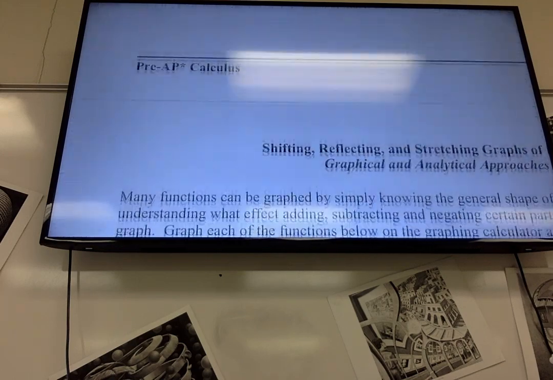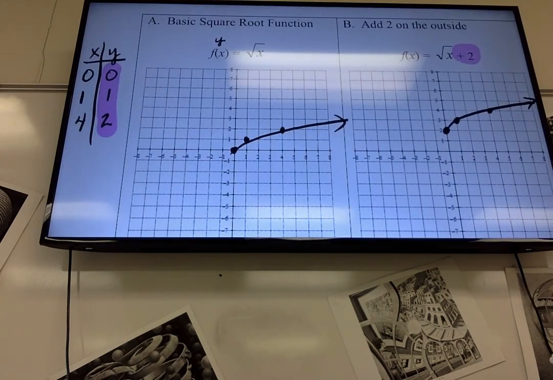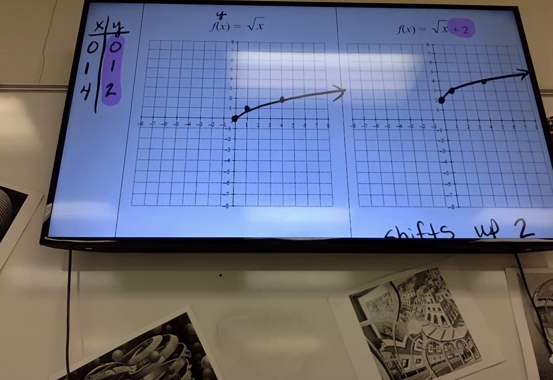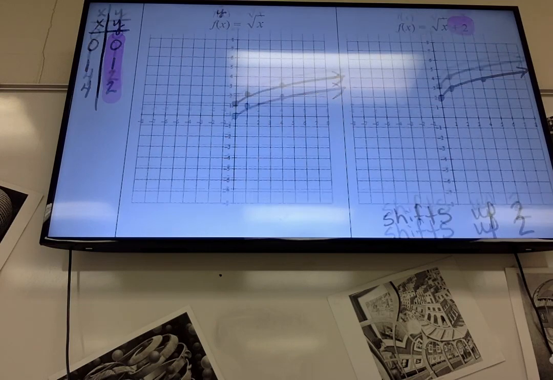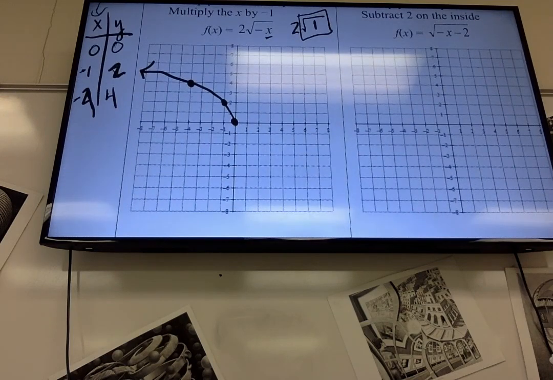Let's look at it. The very first one is pointing this way. Right? So how does this one change? Where is it pointing? Yep, it's pointing the opposite direction. Good. And then look at how close it is to the x-axis or far away. And now look at this one. So it's kind of spread it out a little bit more.